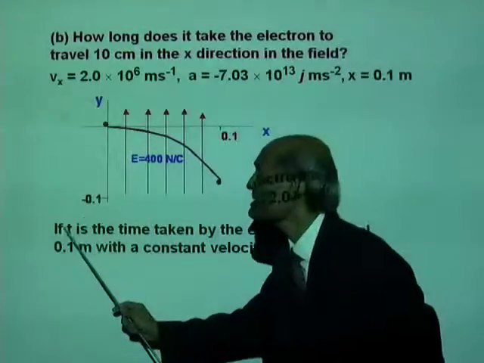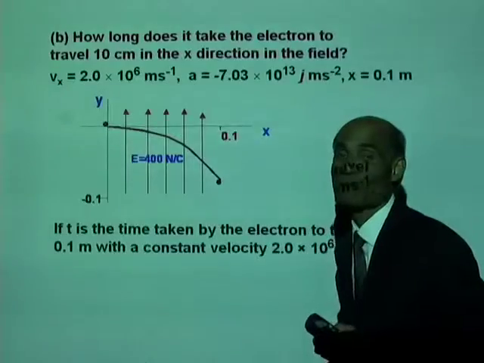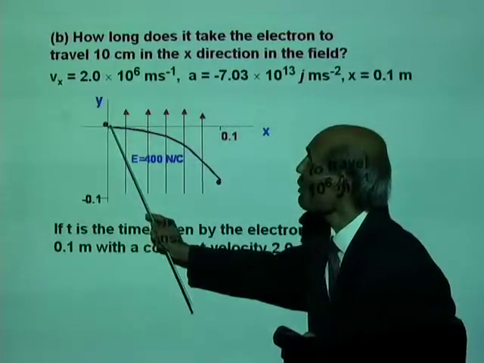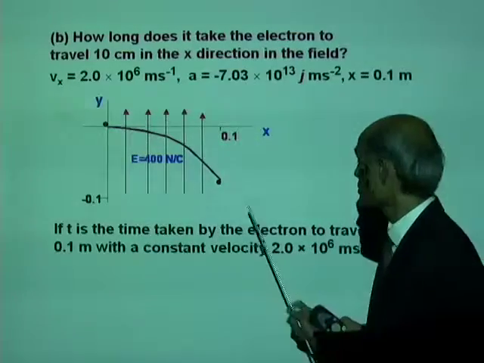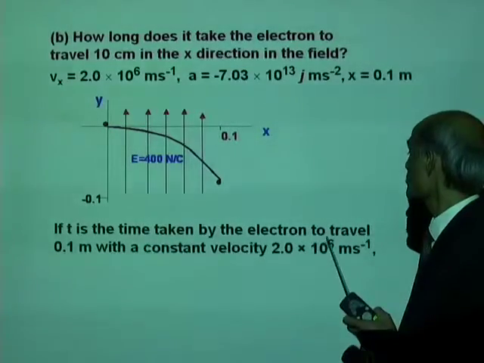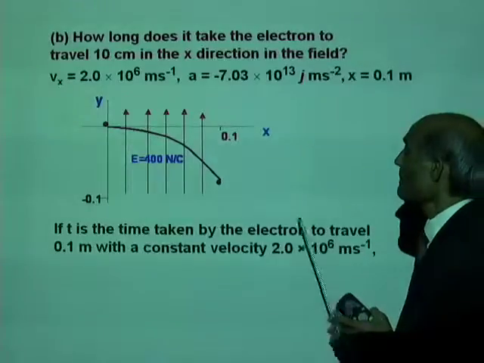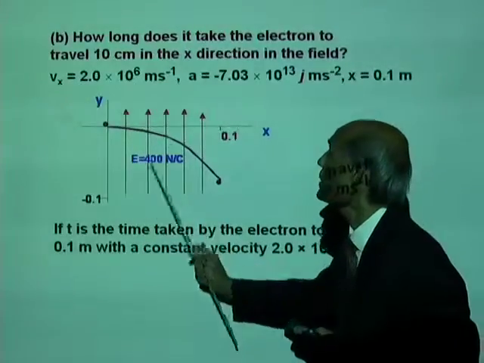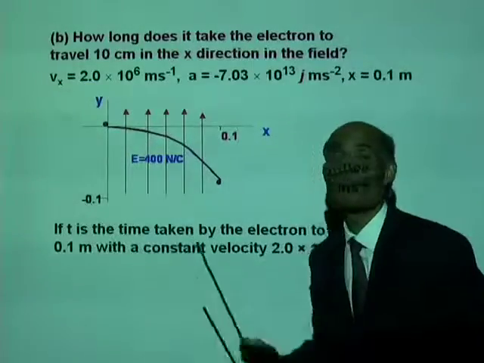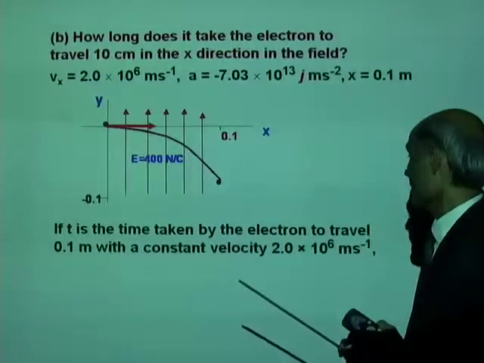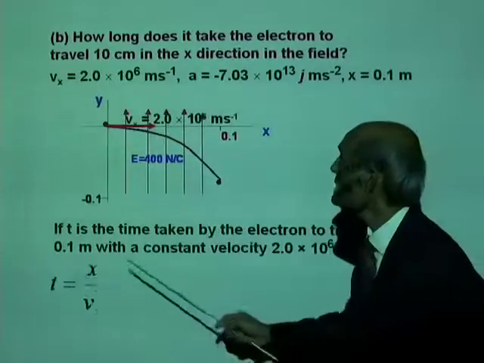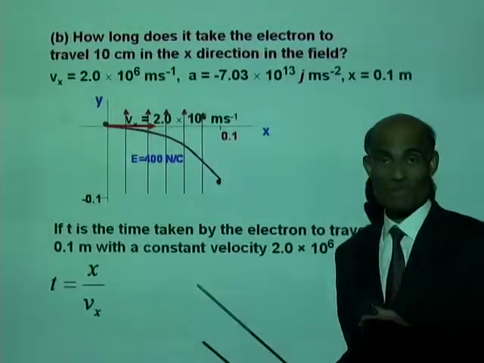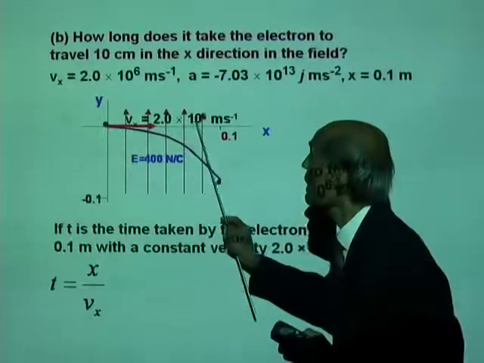Can you find that t? Let me repeat that again. The electron moves with a horizontal x velocity of 2 times 10 to the 6th meter per second, and it travels a distance of 0.1 meter. What is the time taken for that? That time will be t equal to x divided by the velocity. x is 0.1 meter.